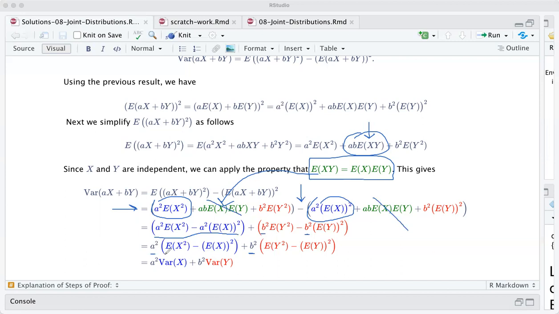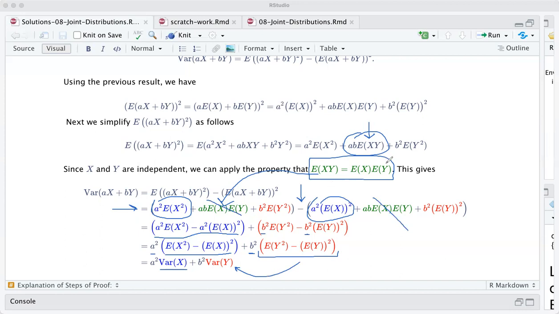Now I've got a squared times E of x squared minus E of x squared, and that's just the variance of x. And b squared times this term right here, which is the variance of y. So we just proved that the variance of ax plus by is a squared times the variance of x plus b squared times the variance of y.